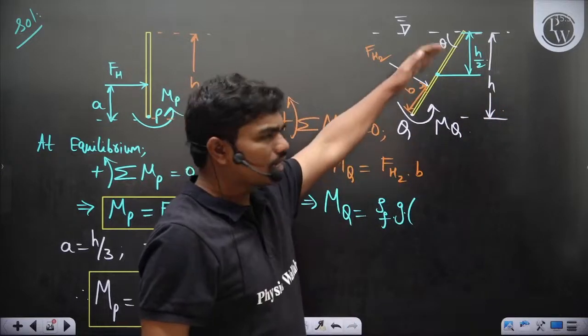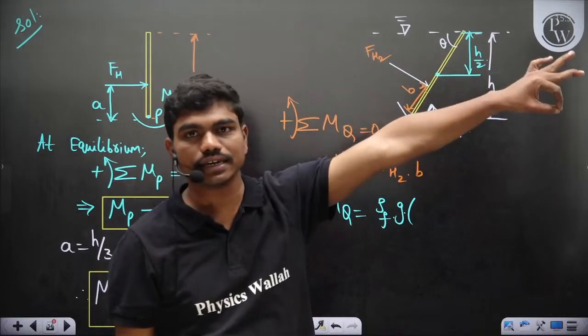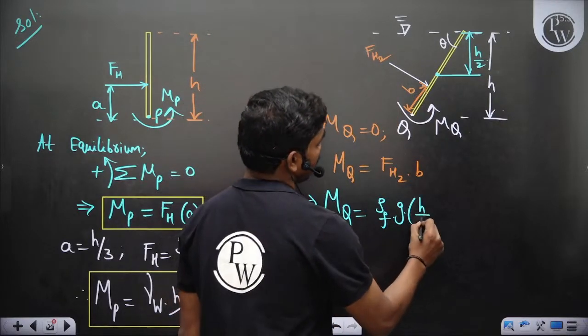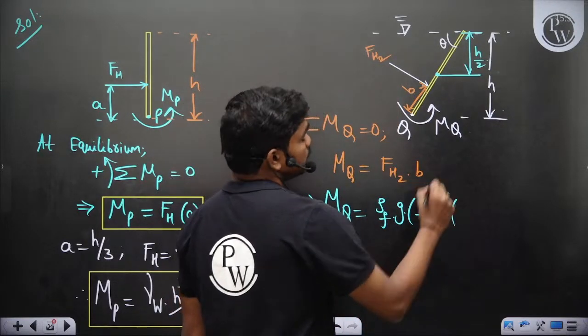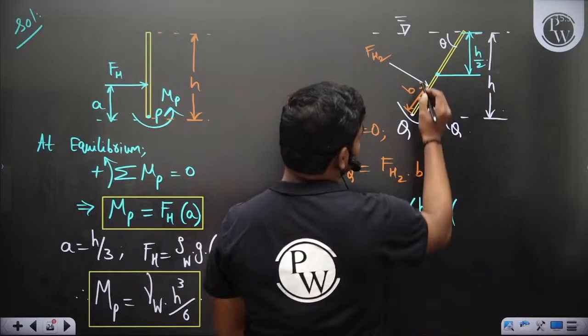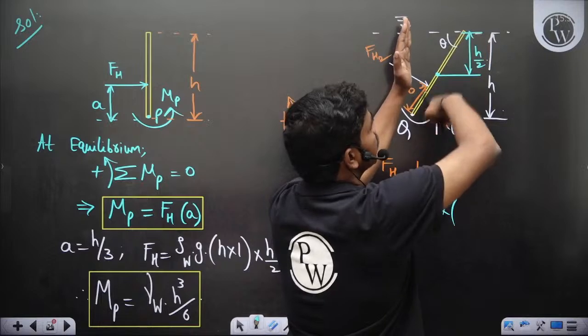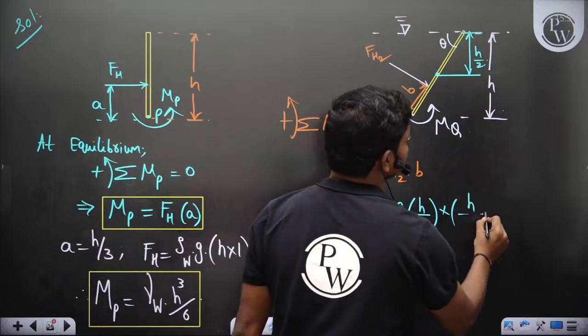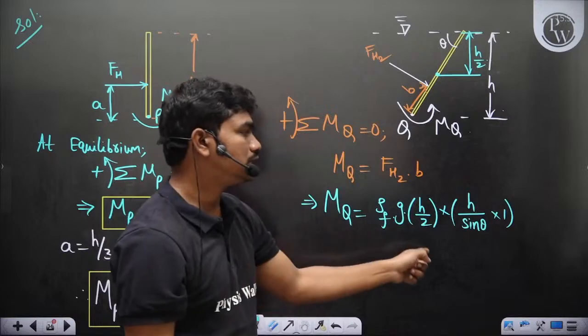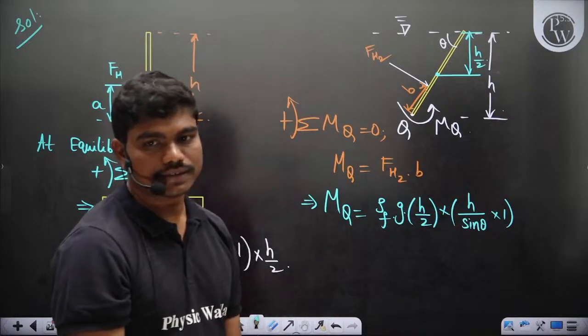Because whatever is the length of the plate, the centroid will be vertically at a depth of h by 2 from the free surface. So rho g h bar into area. So what is the area of the plate? Now if this is h, then what is this length? h by sine theta, correct? h by sine theta into 1. So rho g h bar into area gives the value.